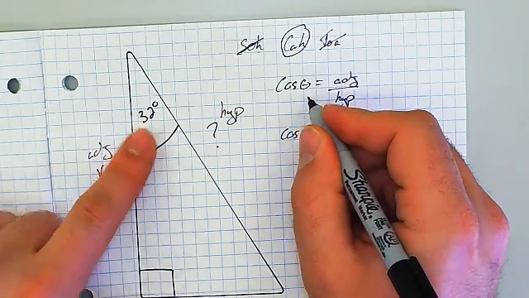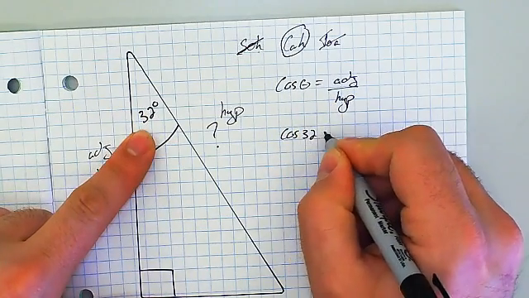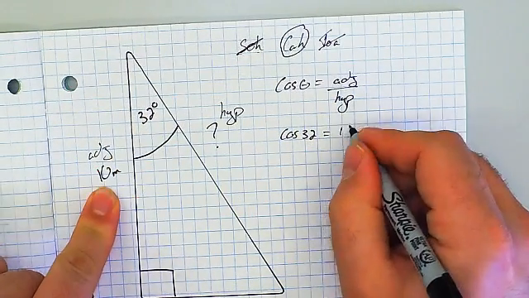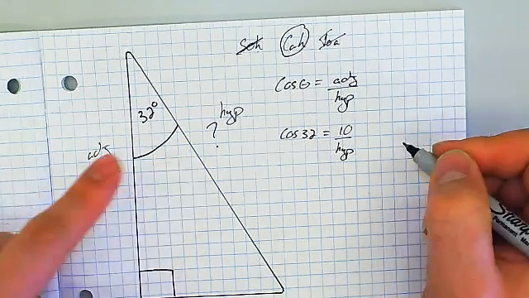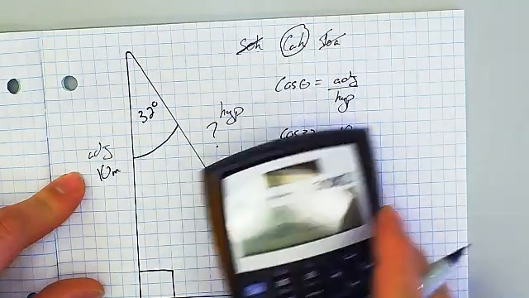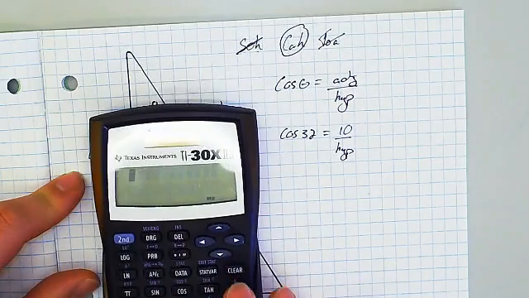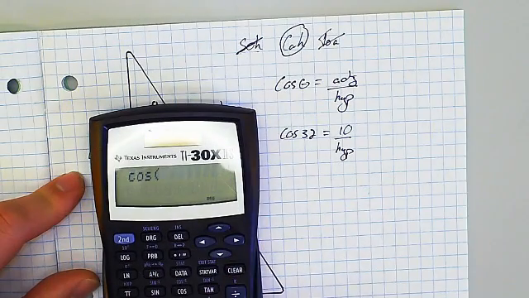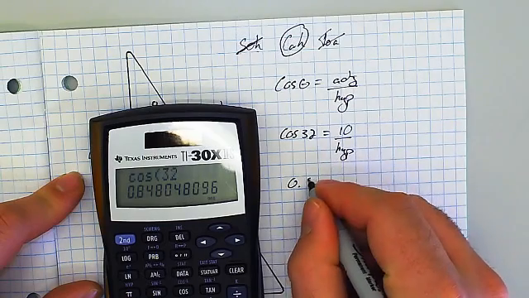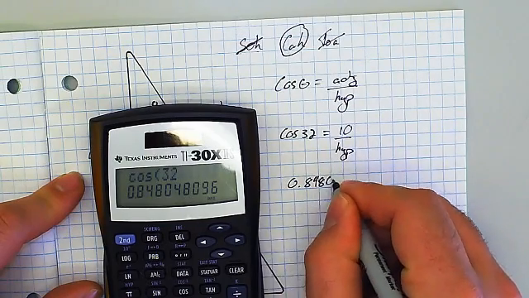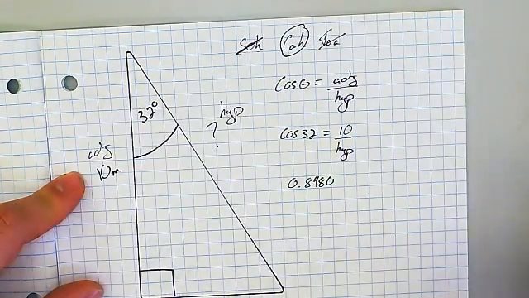We fill in the formula. Cos of our angle, which is 32, equals the adjacent, which is 10, divided by our unknown, the hypotenuse. Cos of 32 is 0.8480.